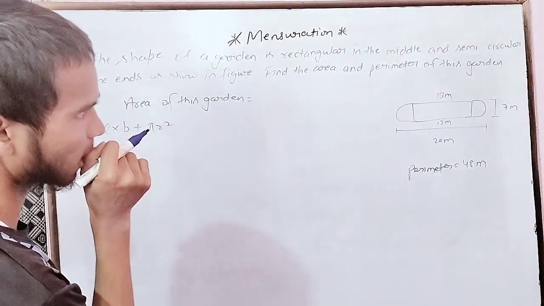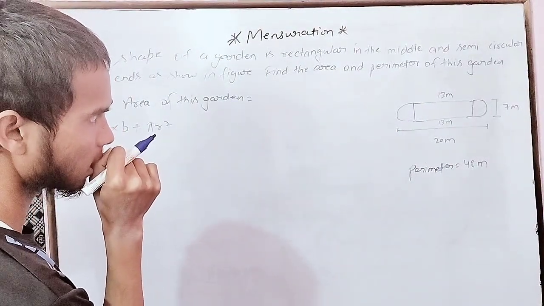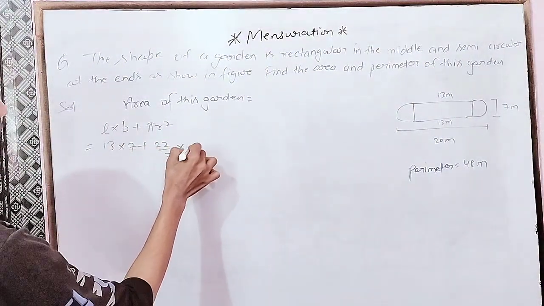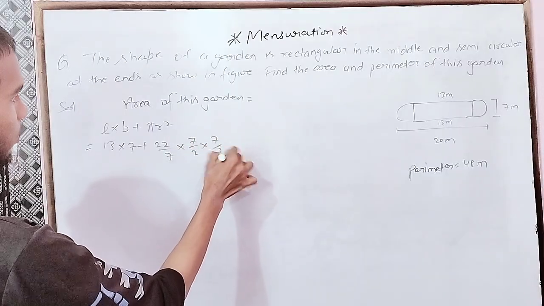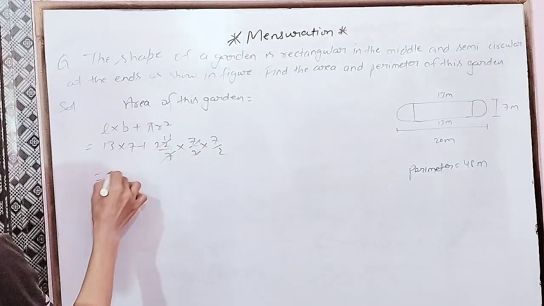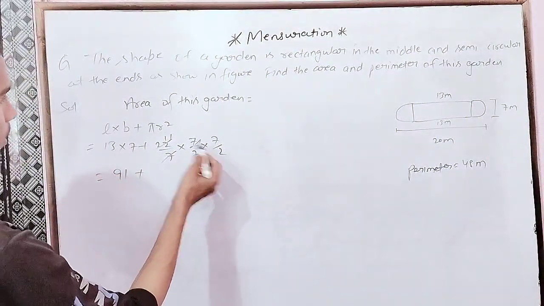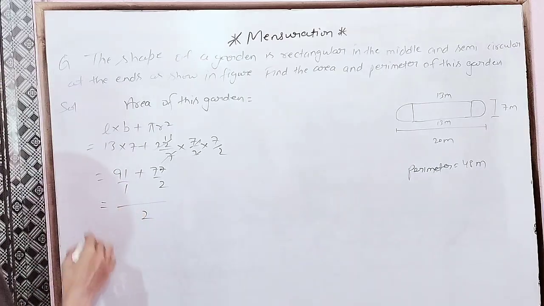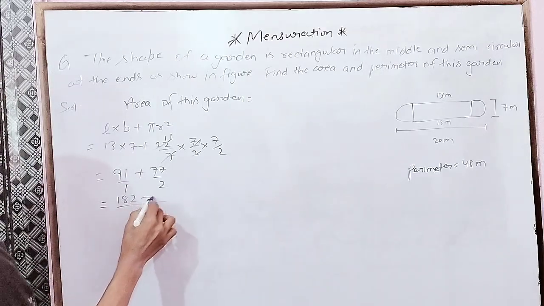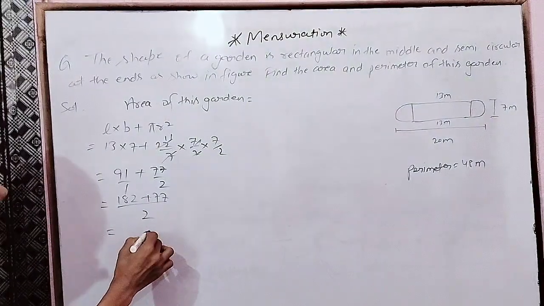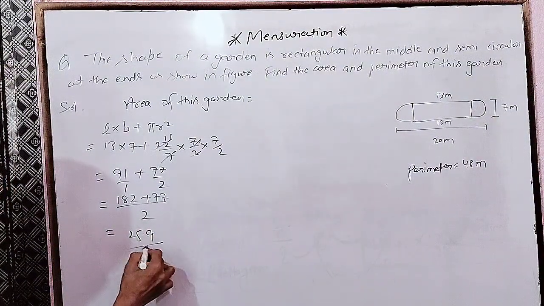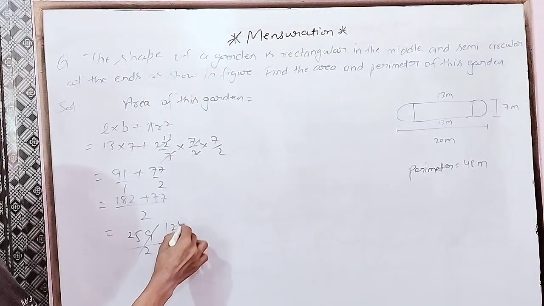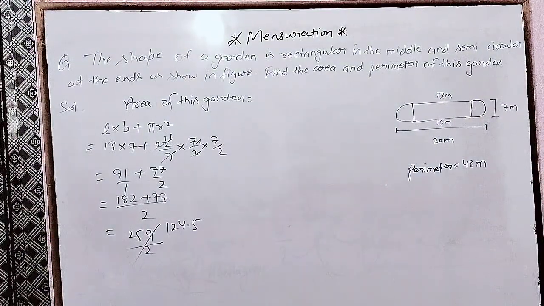Now let's simplify it. 13 multiplied by 7, 22 upon 7, r is 7 upon 2, then 77 upon 2. 2 ones are 2, 2 nines are 18, 2 twos are 4, 2 fours are 8, 124.5.